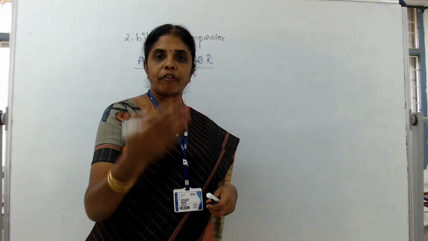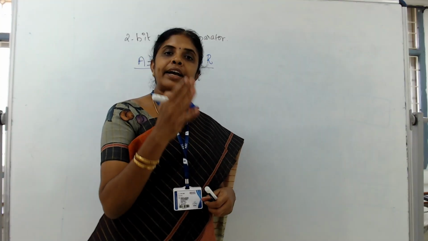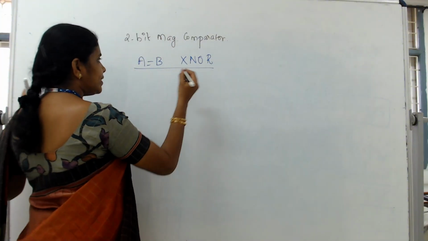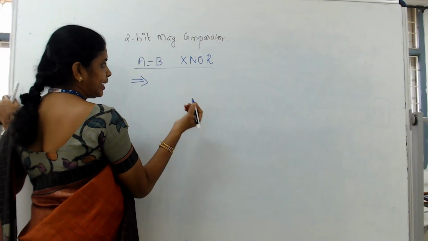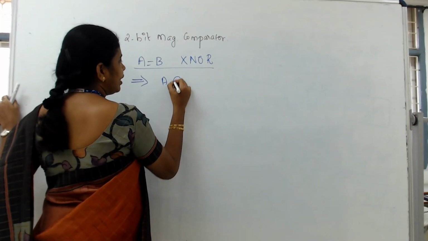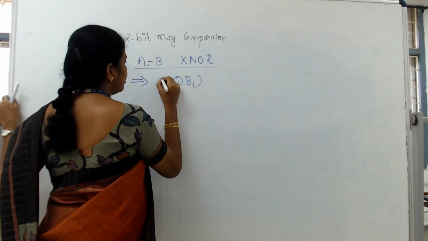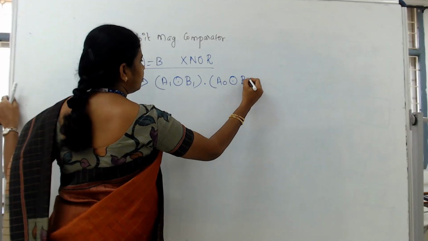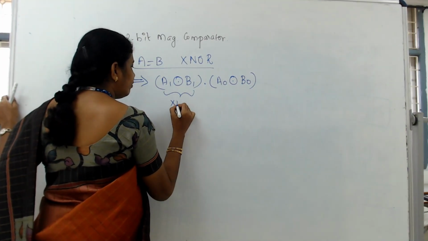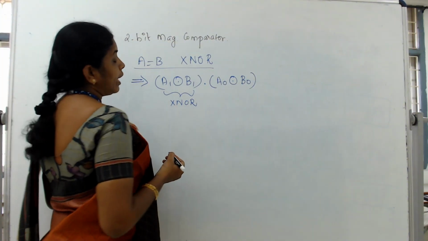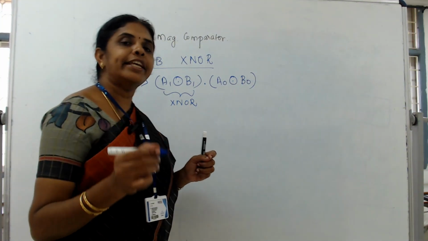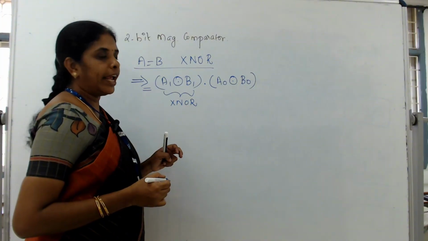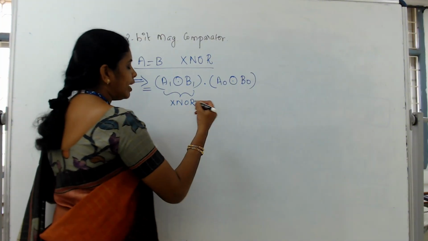So for any number of bits, if A is equal to B, the corresponding logic expression is equivalent to the XNOR function. So A is equal to B, the output expression can be written as A1 XNOR B1 into A0 XNOR B0. So this is the XNOR function.